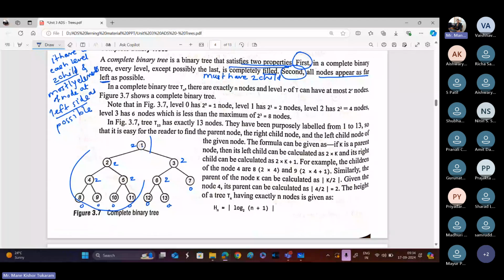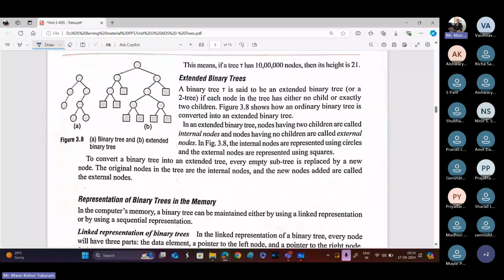Okay, then next one, that is the extended binary tree. An extended binary tree is a binary tree where each node has either no child or exactly two children. It is also called a 2-tree.